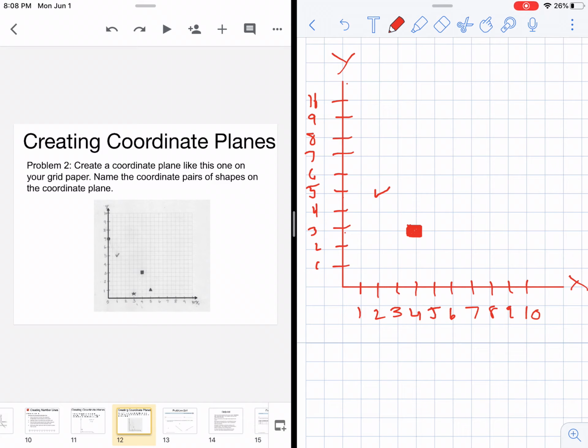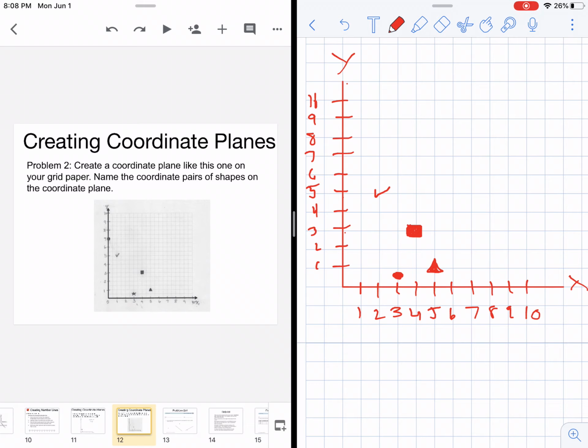You find 3 on your y-axis and go over 4. And then we're going to plot these points together. That's supposed to be a star. And that is a triangle. I'm going to turn my star into a circle because I don't love that. I'm just going to do a dot. There we go.